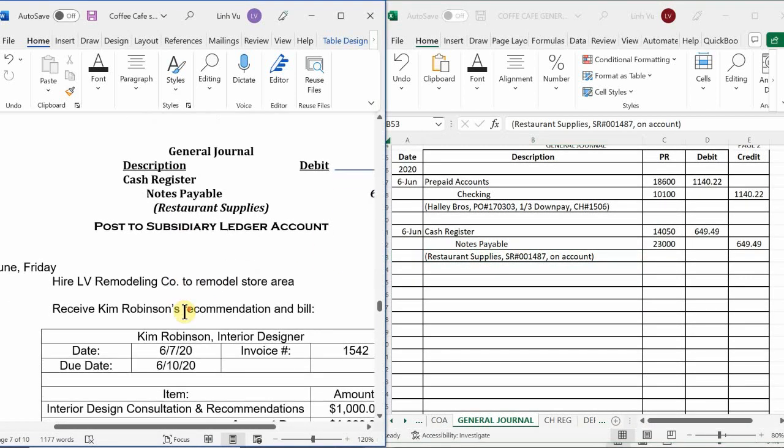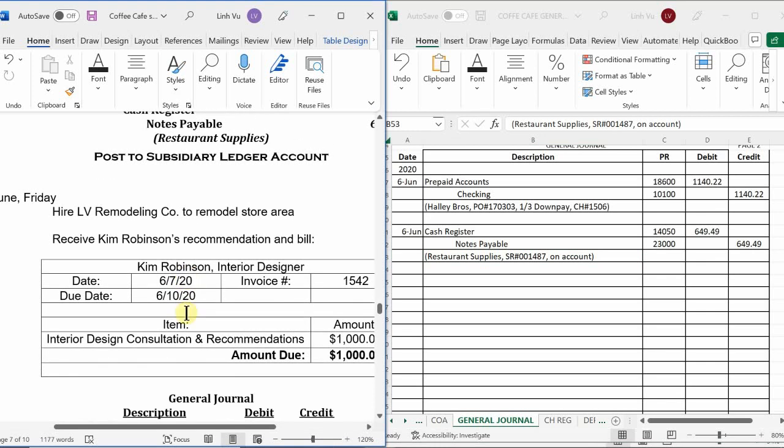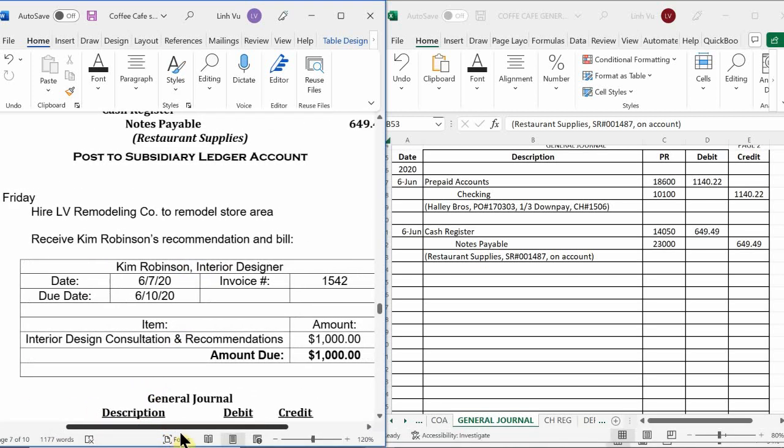Then after that, I end up receiving a bill from Miss Kim Robinson. This is what she billed me: she did some interior design consulting.